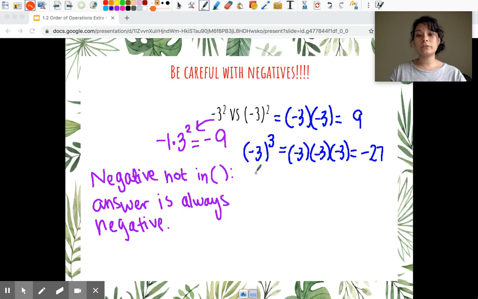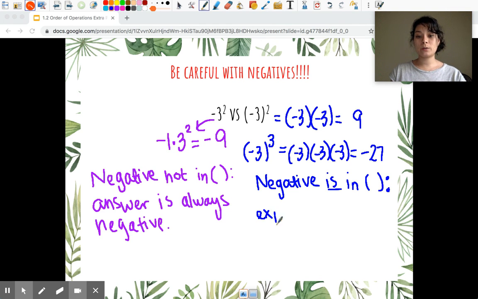So the general rule of thumb is if your negative is part of the base. Actually, I'll clarify that. Is in parentheses. I think that's going to be easier to remember. But part of the base is also valid. So is in parentheses. You have to look at the exponent.